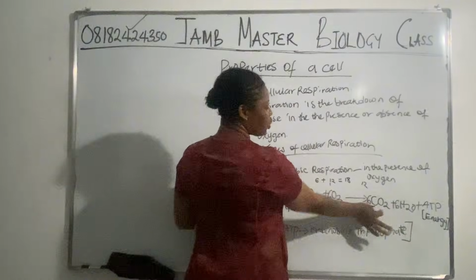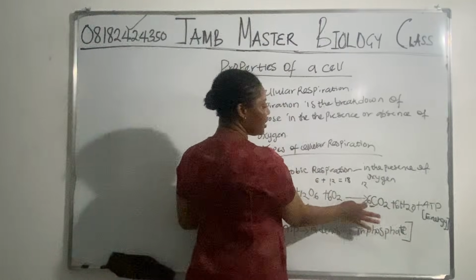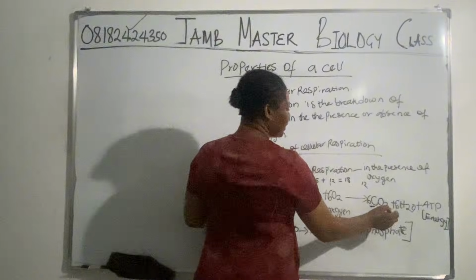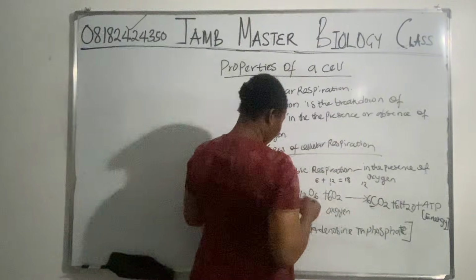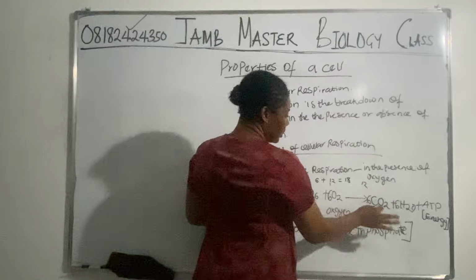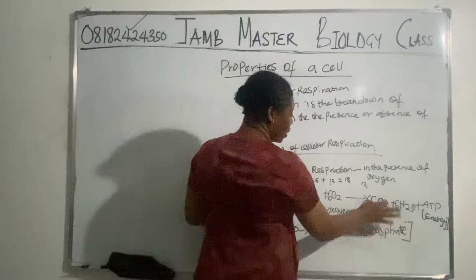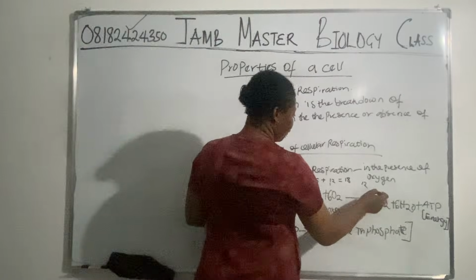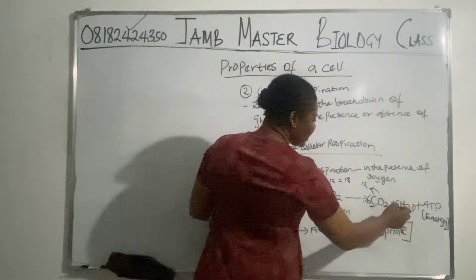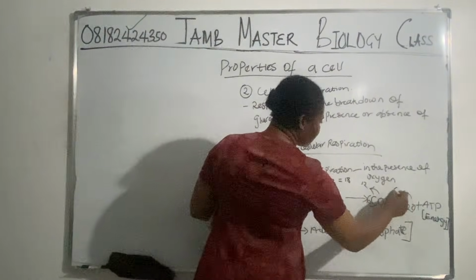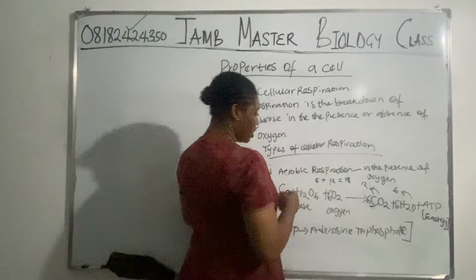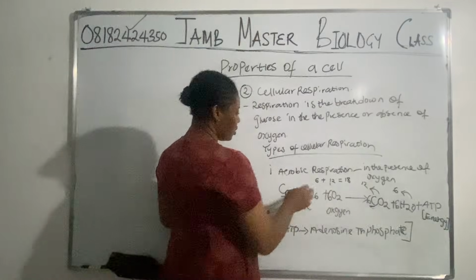This 6 here is also for the C. So any number here covers all the elements that are here. So we have 6 times 2, 12 here. Then we have 6 oxygen. So 12 plus 6, you see it is 18. So it's balanced.